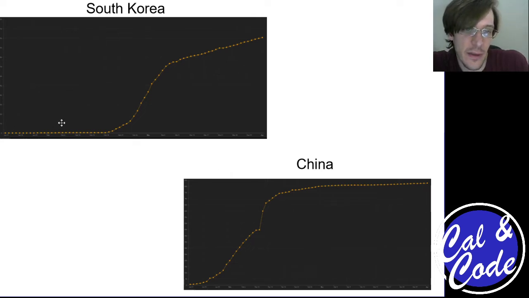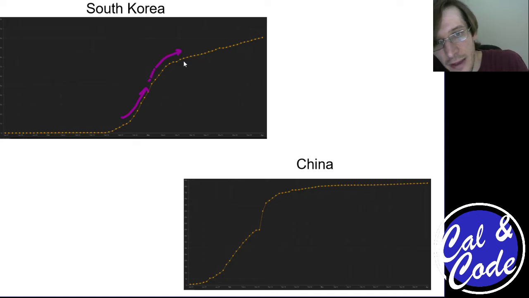But if you look at South Korea's, you can see that it did start to get exponential, right? We did start to see this rate increase here, right? But then eventually that rate has started to decrease. Now, I will say that instead of them getting closer to a flat line, something a little flatter, we are still increasing at a relatively linear rate.